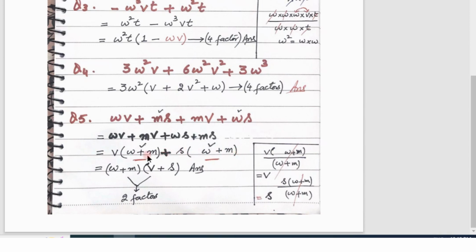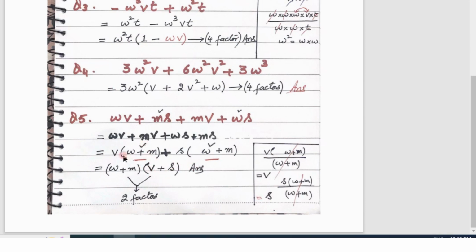Plus sign is involved and we need all the factors at the end. Factors are always written in the form of brackets or in the form of multiplication sign like this, right? In multiplied form like this or in the form of brackets, factors are written.